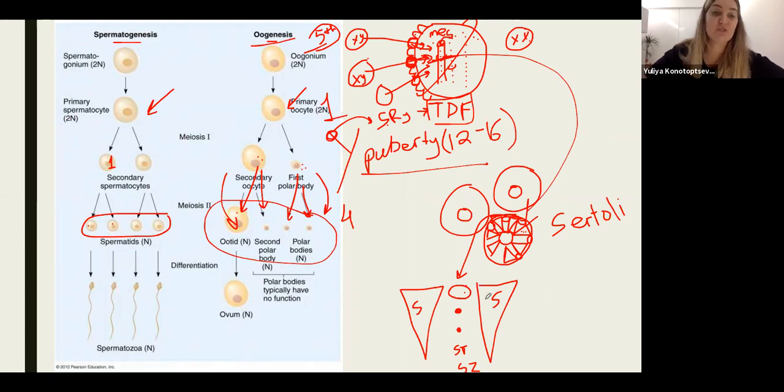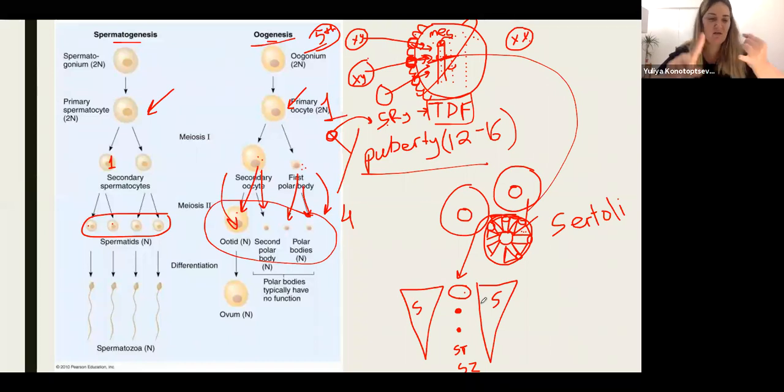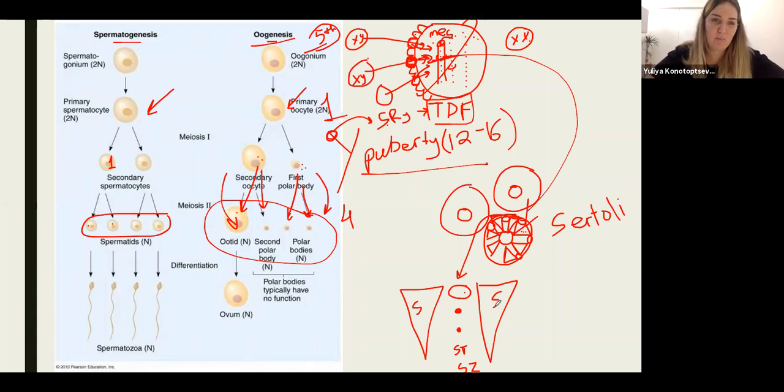What was the first name of the Sertoli cell? We called it the supporting cell. Do you get why it is called supporting? Because it supports spermatogenesis nutritionally, physically, emotionally, whatever you can come up with. These supporting cells are just holding all of the spermatogenesis.